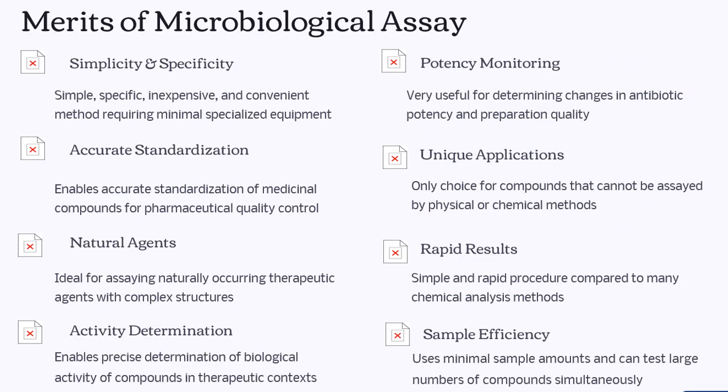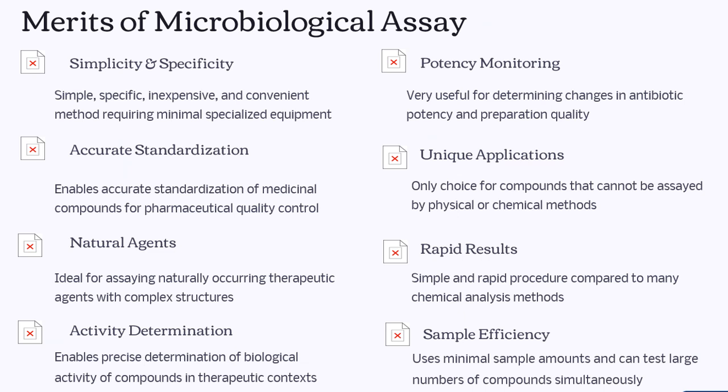Then what are the advantages of microbiological assay? Microbiological assays are simple, specific, inexpensive and convenient methods which require minimal specialized equipment, and they produce accurate standardization of medicinal compounds for pharmaceutical quality control. They are also ideal for assaying naturally occurring therapeutic agents with complex structures, and enable precise determination of biological activity of compounds in a therapeutic context.